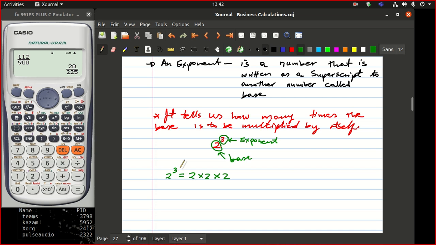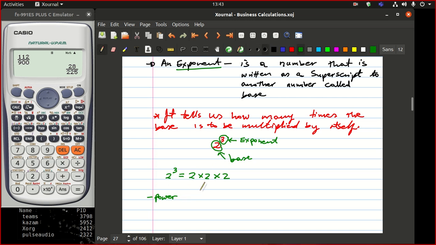And then the next thing that is usually confused with an exponent is called a power. I want to talk about this power because most people confuse an exponent and a power, and they usually say that this 3 here is the same as the power. That is not 100% correct.